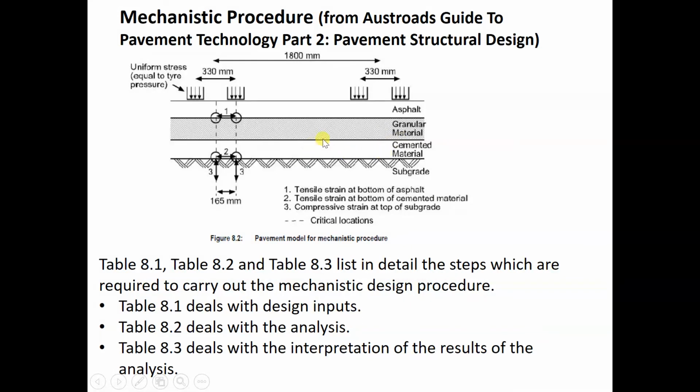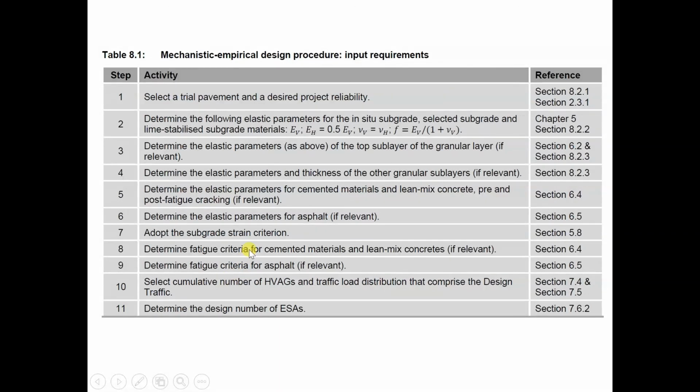For granular material, we don't consider any failure. And three is the compressive strain at the top of the subgrade, where there's some compressive failure. So these are the steps for the mechanistic approach.